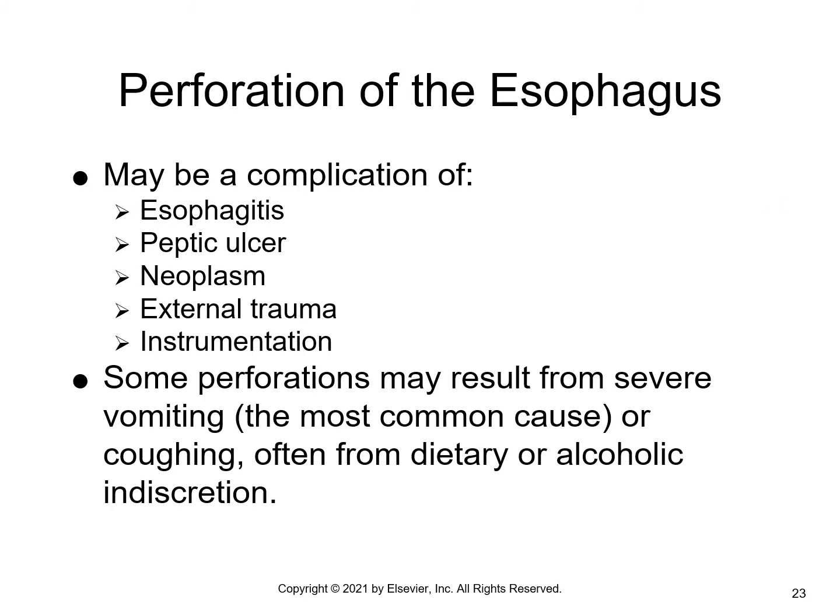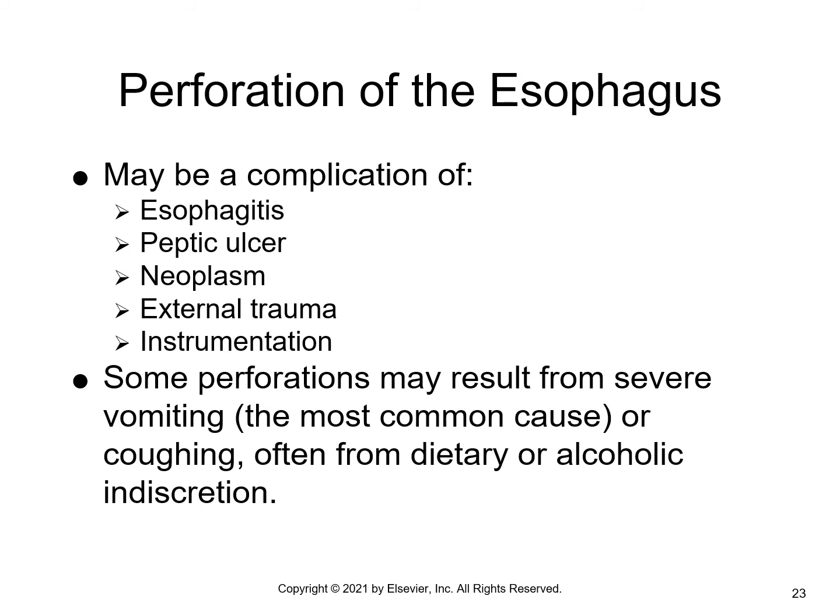Okay, perforation of the esophagus, the example that I just gave of the little girl with the battery would cause a perforation of the esophagus. Other things that might cause a perforation of the esophagus could be some types of trauma, instrumentation or something like a scope, a neoplasm that weakens the wall, a deep ulcer, or long-term esophagitis that would keep that wall so inflamed that it would eventually deteriorate.